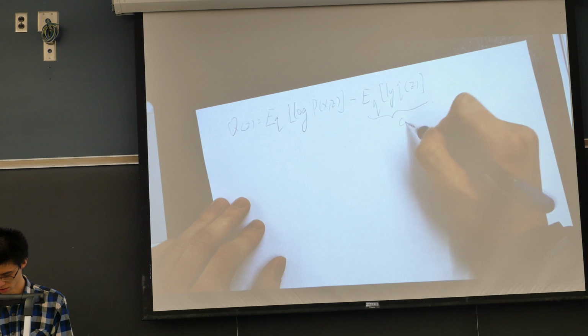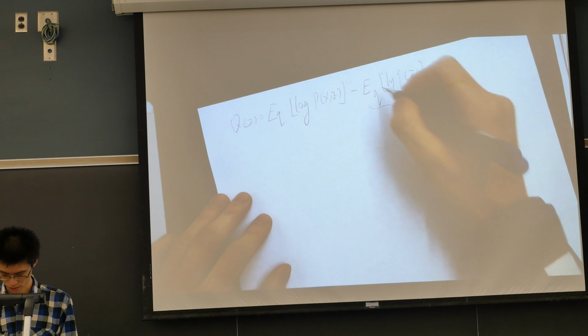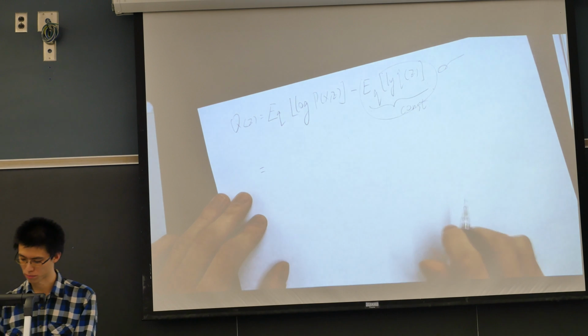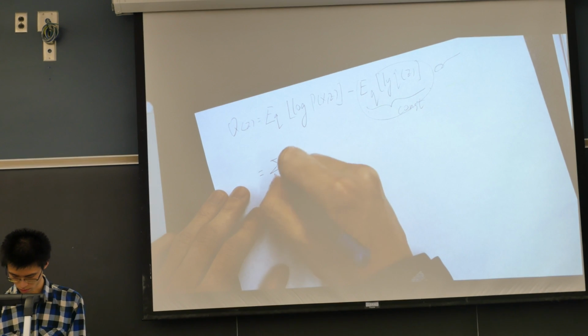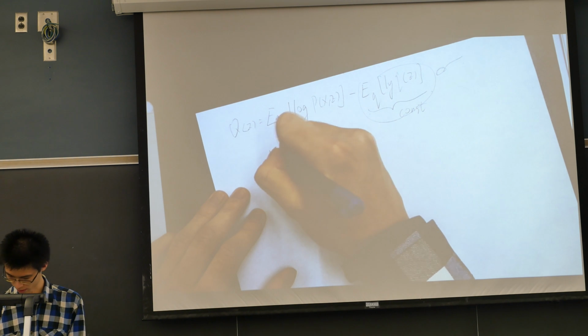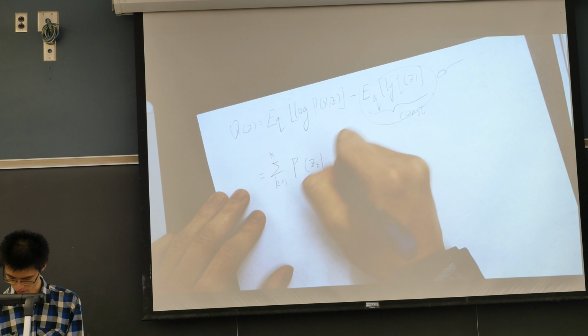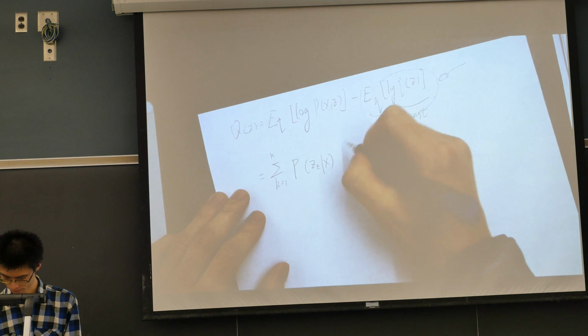So the constant can be ignored if we're taking argmax. And the remaining part we can write out like this, based on our observation of the rule above. So this is simply Q of Z.